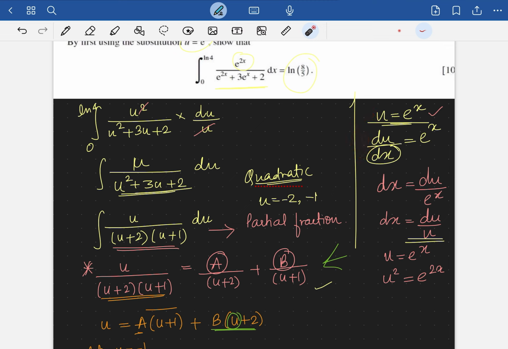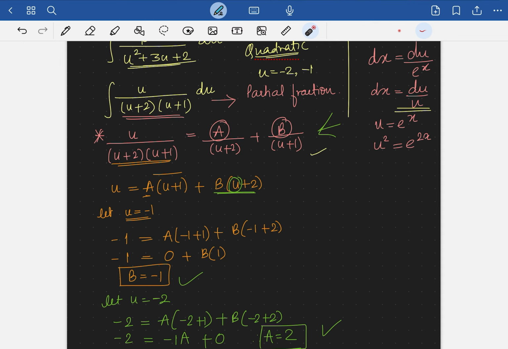After differentiating, we make dx the subject and put it back in this equation. Whatever substitution we have taken, we substitute here and see if any term is getting cancelled. So we can cancel it, simplify it. In this case, we could not integrate this directly, hence we had to solve it via partial fractions.